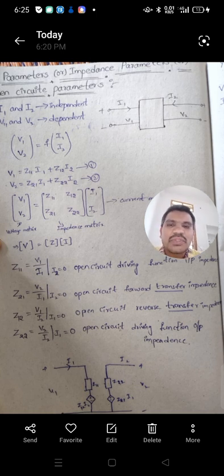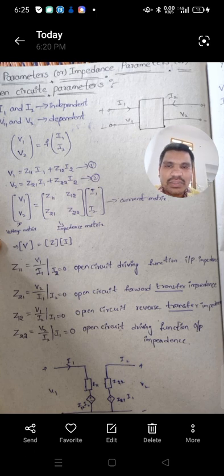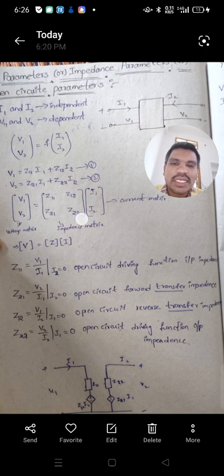From the two KVL equations, using the matrix method, we formulate the matrices. On the left side, V1 V2 is a 2 by 1 matrix, and on the right side Z11 Z12 and Z21 Z22 is the 2 by 2 matrix, and then the input current I1 and the output current I2.